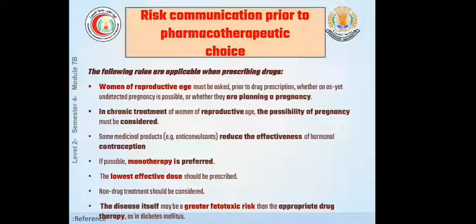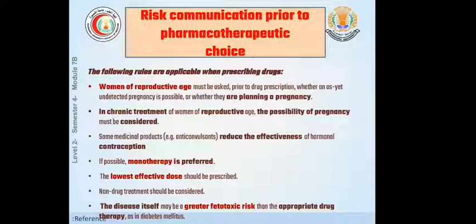You must measure risk versus benefits when using any drug during pregnancy. Any drug during pregnancy must be avoided unless it is indicated, because the disease itself may be risky and may cause complications to the fetus.